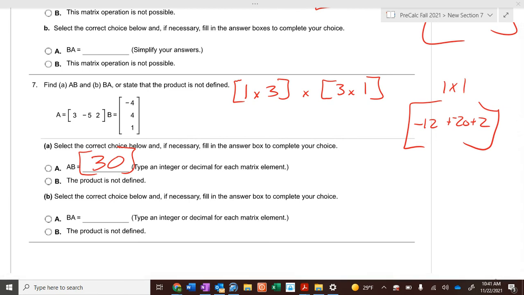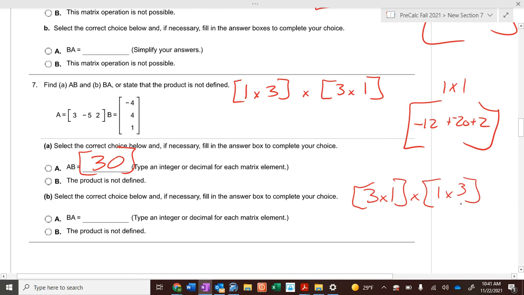But if we turn them around and do B times A, it's a 3 by 1 times a 1 by 3. And so you're going to get a 3 by 3 matrix. So first row, first column, negative 12. First row, second column, 20.